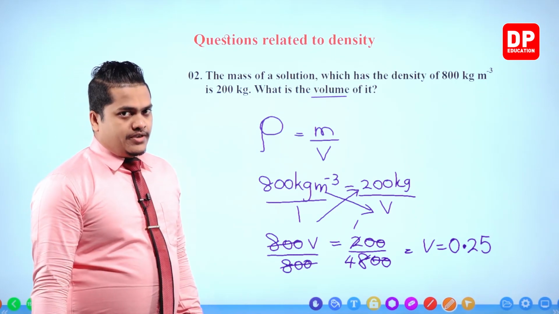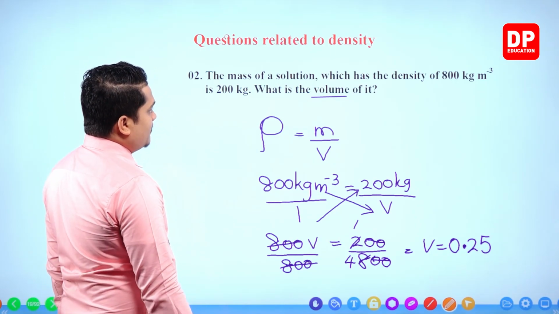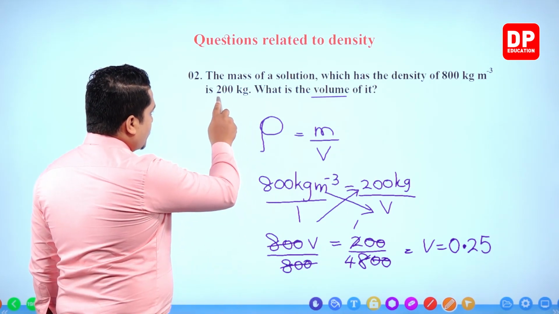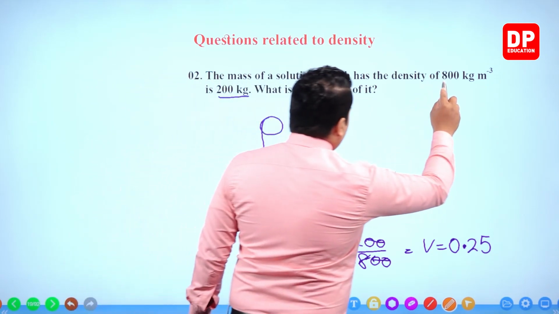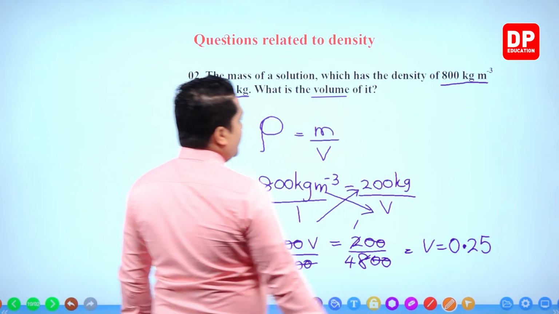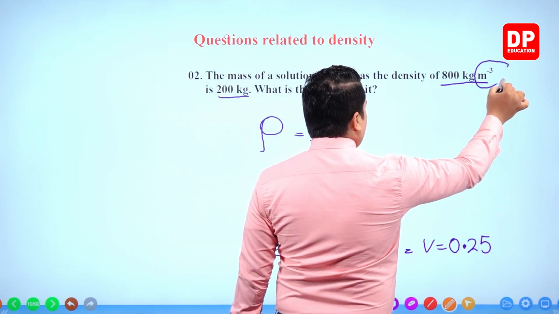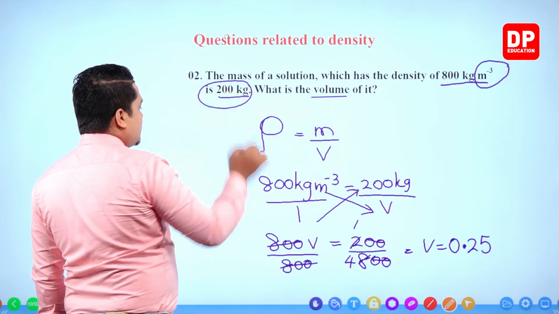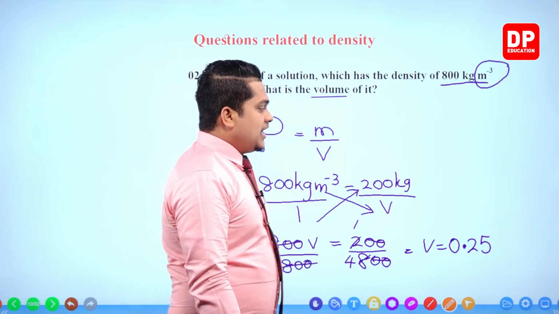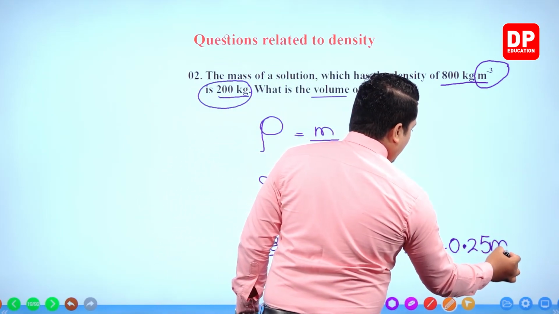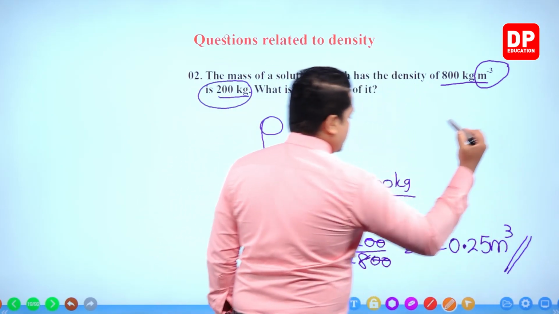Now, what is our unit, my dear children? These units are given in standard international units. Here kilograms, and here kilograms per cubic meter. So if the density is given as kilograms per cubic meter and the mass in kilograms, then we receive the unit of volume as cubic meters.